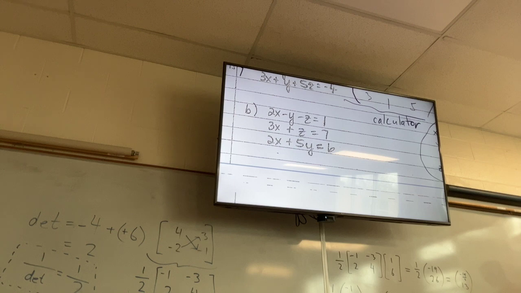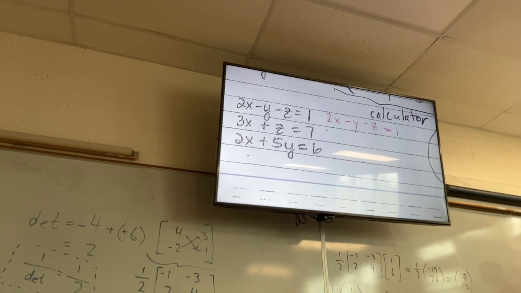So this first equation here, I'm just going to copy that down. Be careful. Okay? This middle equation here is missing a y. So you have to write in plus 0y plus z equals 7. That last one is missing a z, so you have to write plus 0z.